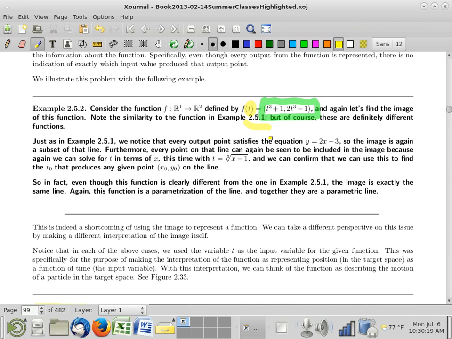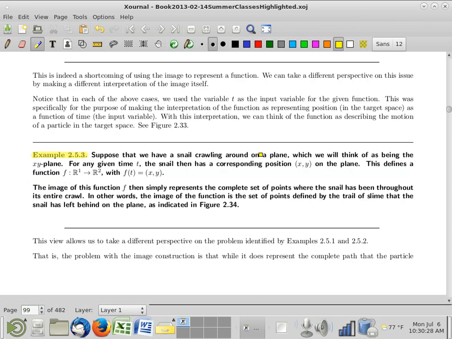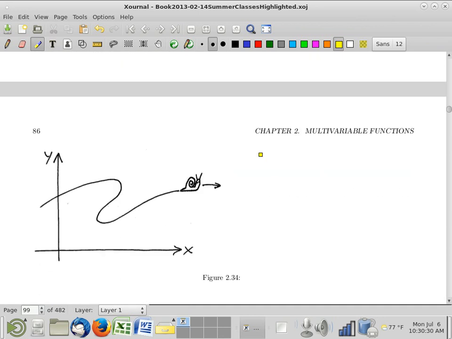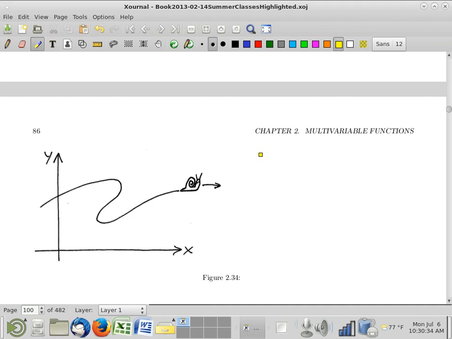Right? So along those lines, we can think of a parameterization as describing a movement, a sort of process. I like to start with the snail example. So suppose you have a snail, and if you know where in x and y coordinates the snail is at any given moment in time, then you know exactly what the snail is doing.